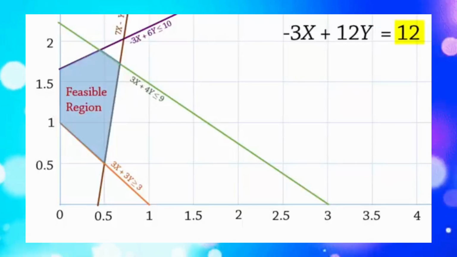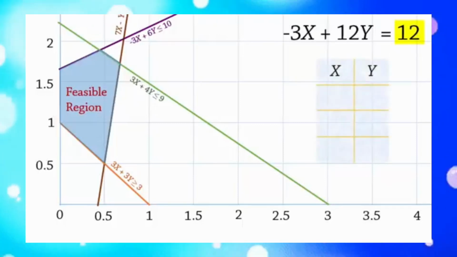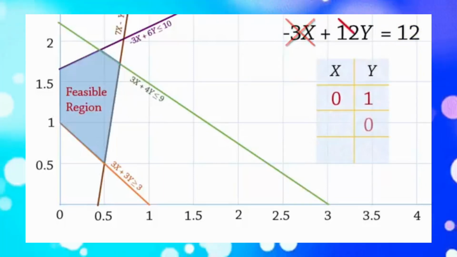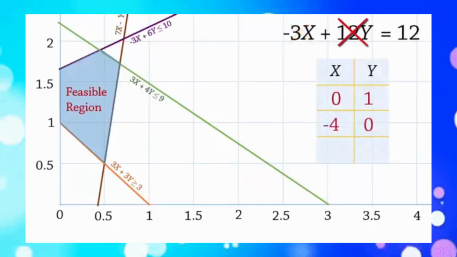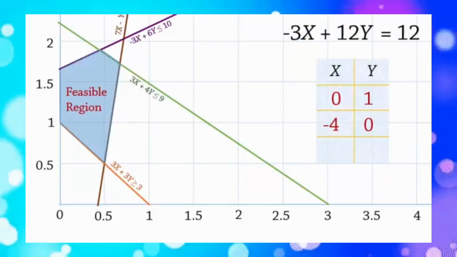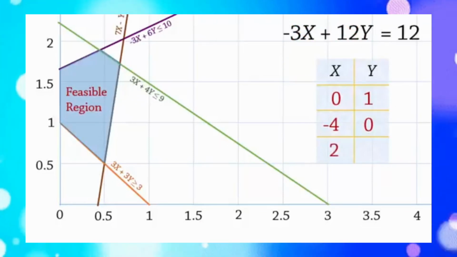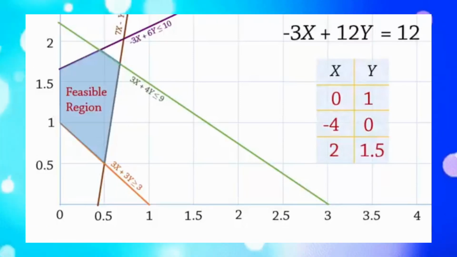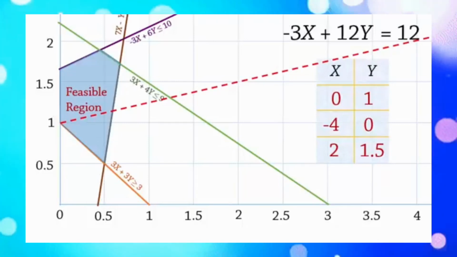Next, we find points to draw the objective function line. When x equals 0, y equals 1, and when y equals 0, x equals negative 4. Because of this negative 4, let's just obtain one more point. When x equals 2, y equals 1.5. So using these 2 points, the objective function line is this dotted line here.